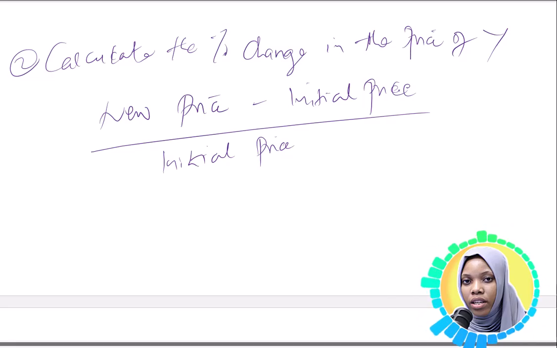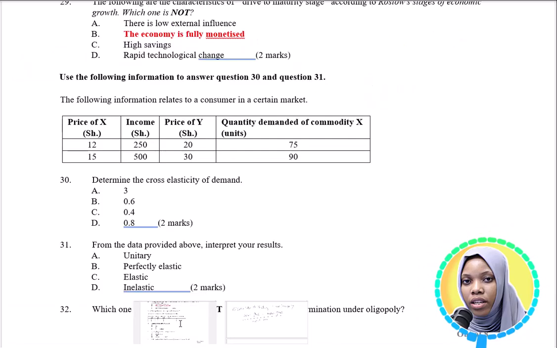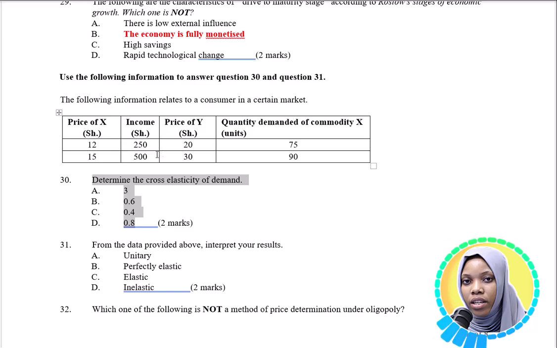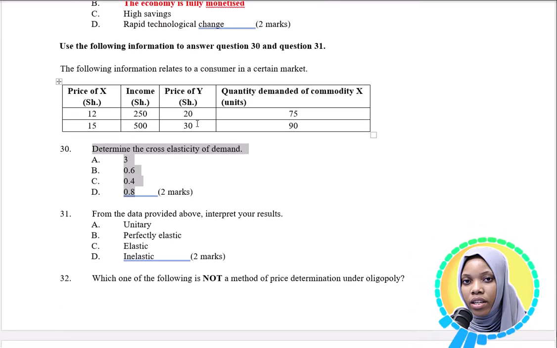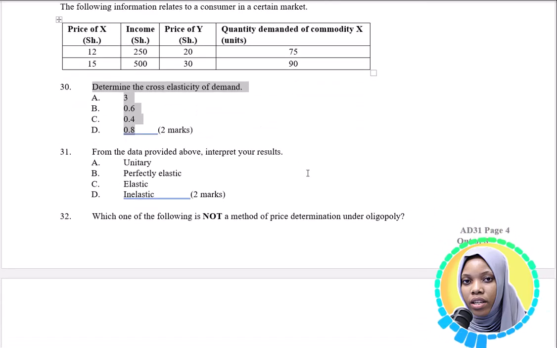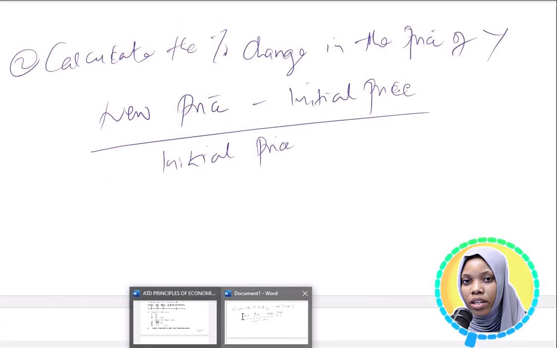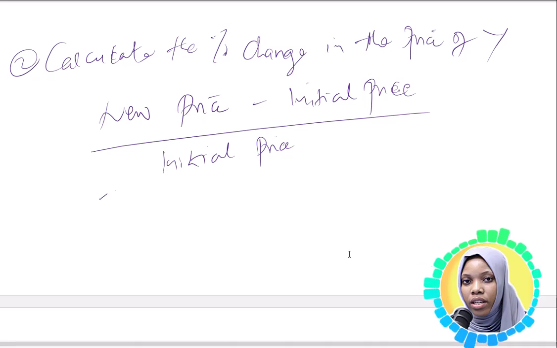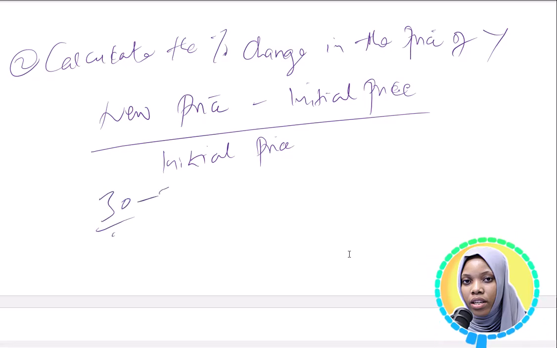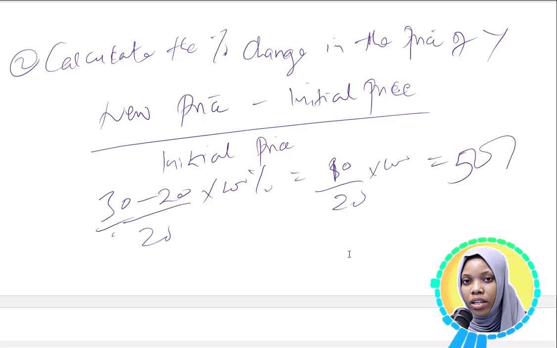Going back to our original question, the price of Y is 30 minus 20 over 20, multiplied by 100%, which is 10 over 20 multiplied by 100. This gives us 50%. That is direct.